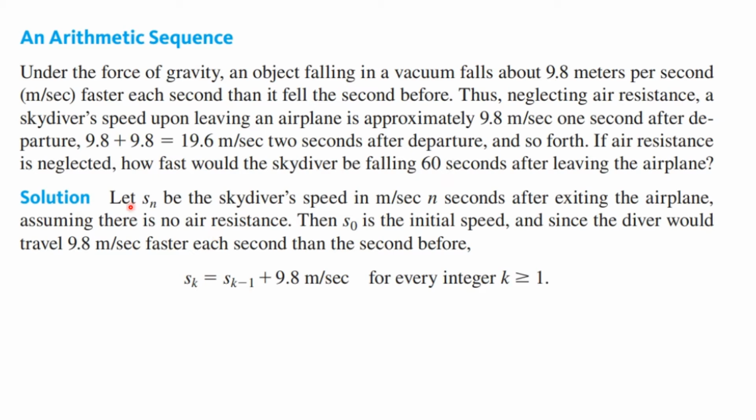Well, if we let S sub n be the skydiver's speed in meters per second n seconds after exiting the plane, and assume there's no air resistance, then S0 is the initial speed. And since the speed increases by 9.8 each second, we get this arithmetic sequence for every integer k greater than or equal to 1.